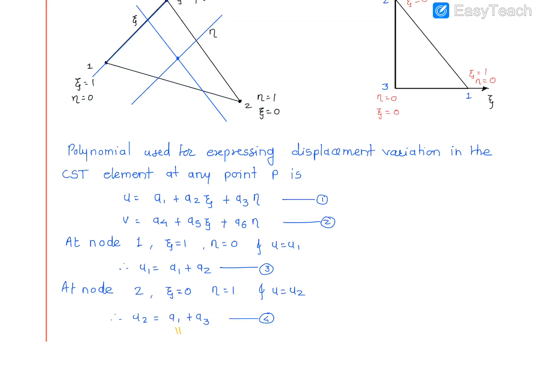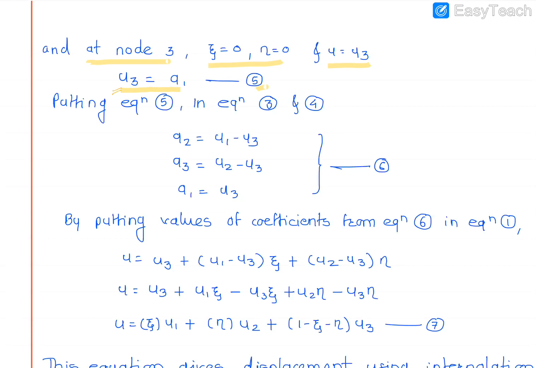In this equation a1 will get replaced by u3, and therefore a3 is equal to u2 minus u3. Similarly, here also a1 will get replaced by u3, and therefore a2 is equal to u1 minus u3. So we will have these 3 equations for the unknowns a1, a2, a3.